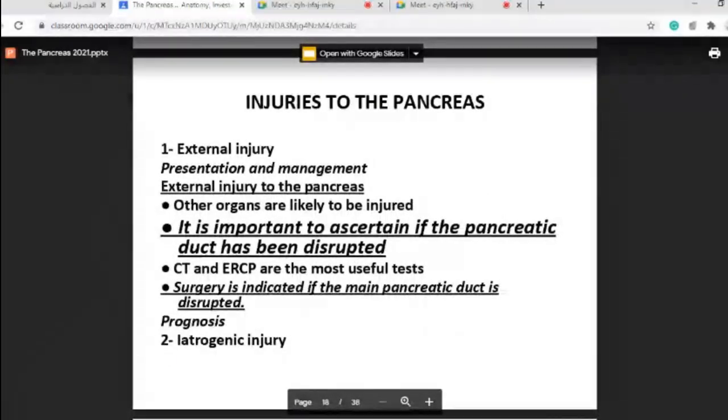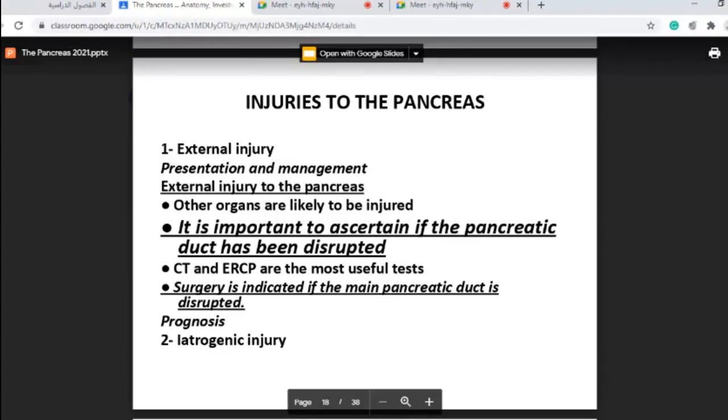Regarding injury of the pancreas, it is either external injury or iatrogenic injury during surgery, during splenectomy, for example. External injury is not uncommon because the pancreas is retroperitoneal, behind the stomach. So injury of the pancreas is definitely associated with injury to other abdominal viscera, and usually it is severe injury.